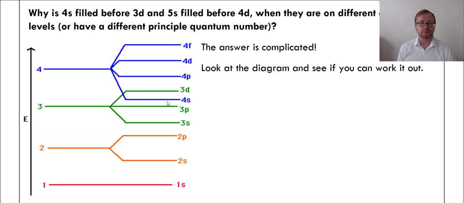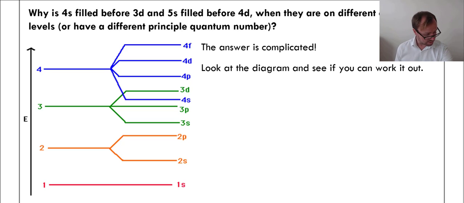Okay, and I'm sure you've noticed here that our energy is going up, and you may have noticed that our 4s has a lower energy than 3d when it's unoccupied. So the electron will always try and fill the lowest energy possible when it's in its ground state.